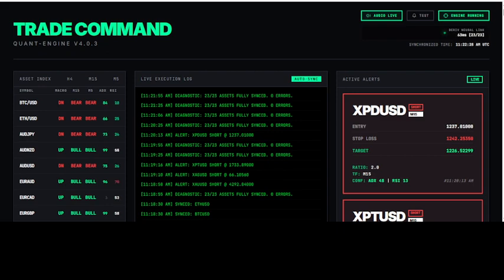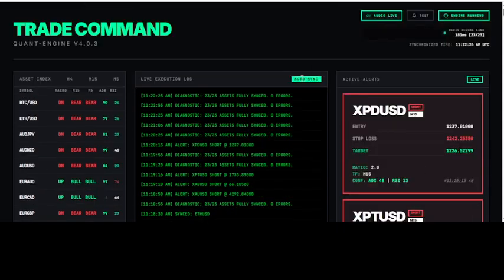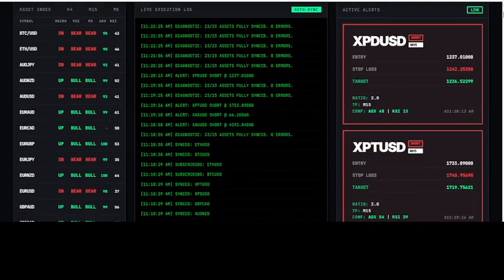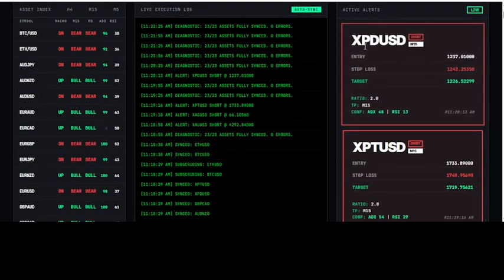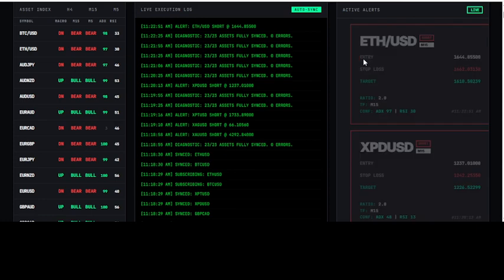This is the user interface of the engine, and it utilizes various indicators I've programmed into it, and it recommends trades for me. For instance, XPD is Palladium. So it trades Palladium, regular currency pairs, and it also trades Bitcoin and Ethereum.